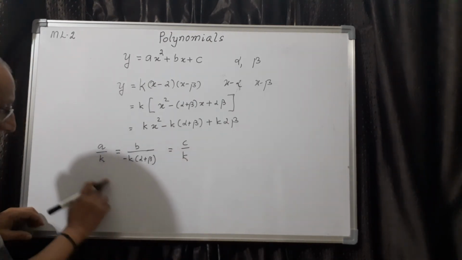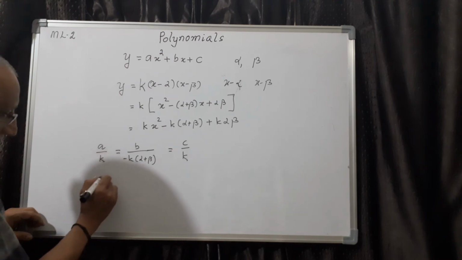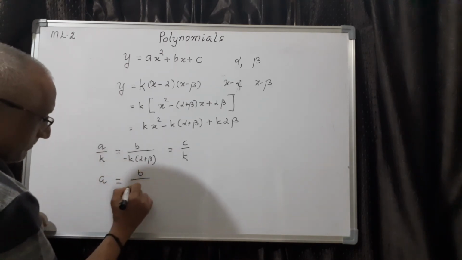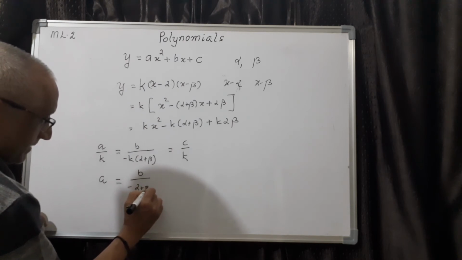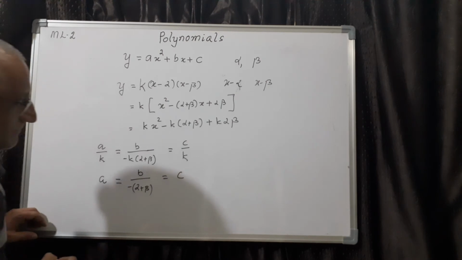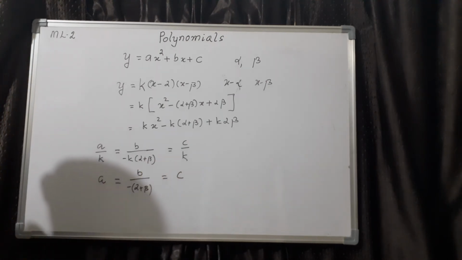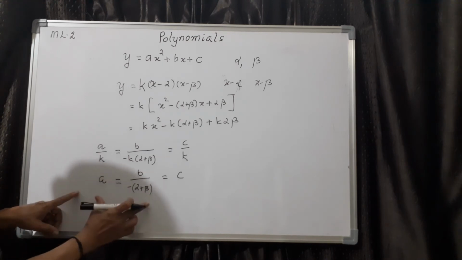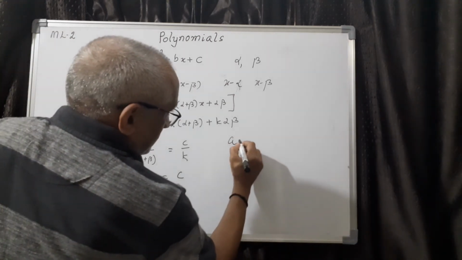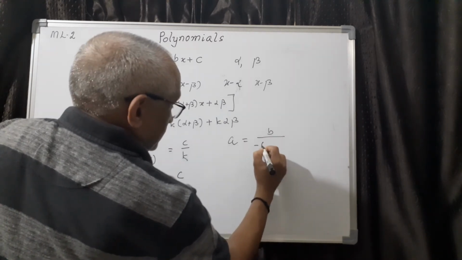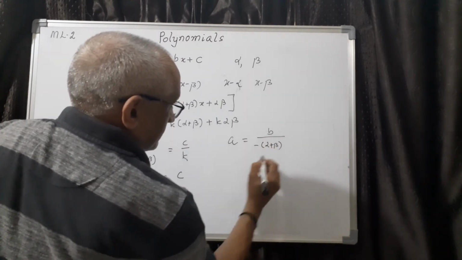Now I can cancel k here. So therefore a must be equal to b by minus alpha plus beta, of course the bracket is there, equal to c, cancelling k. Therefore, if you take this relation now, the first two, a will be equal to b divided by minus of alpha plus beta.